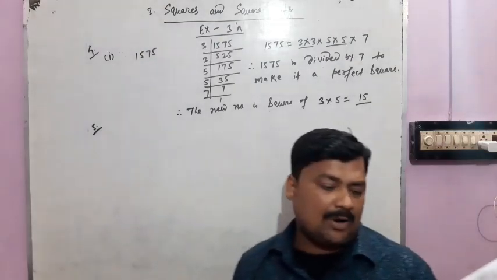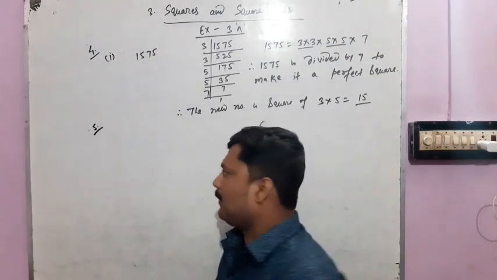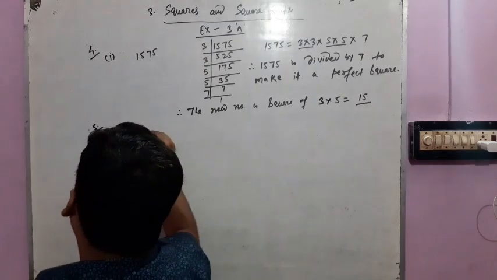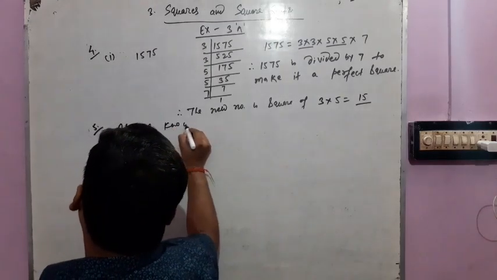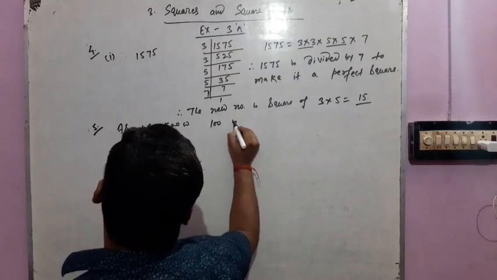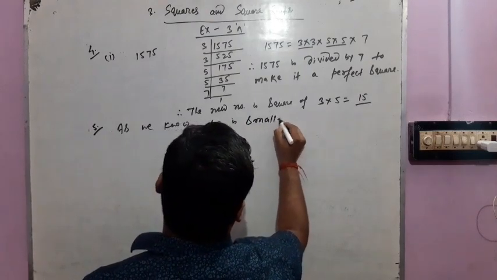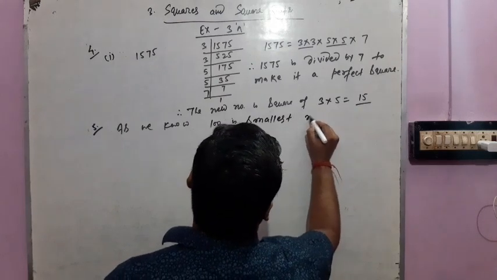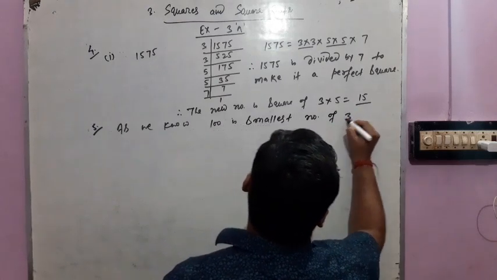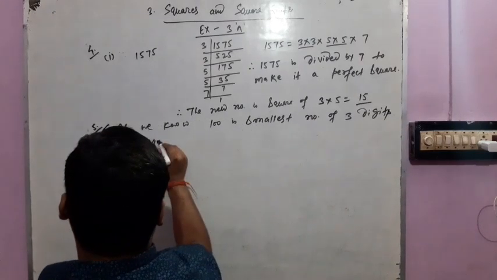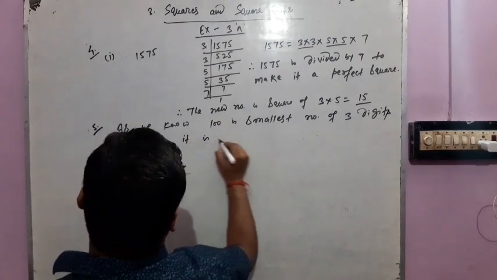Find the largest number of 2 digits which is a perfect square. Okay students. As we know, hundred is the smallest number of 3 digits, and it is a square of 10.